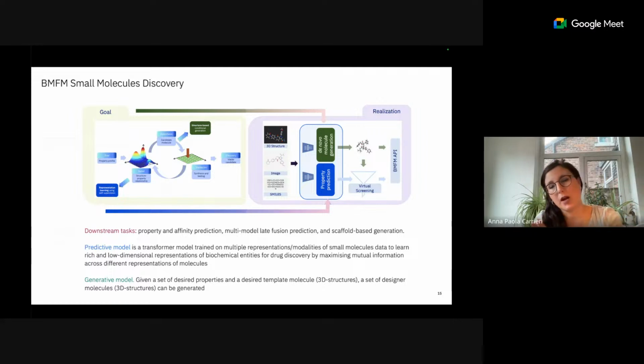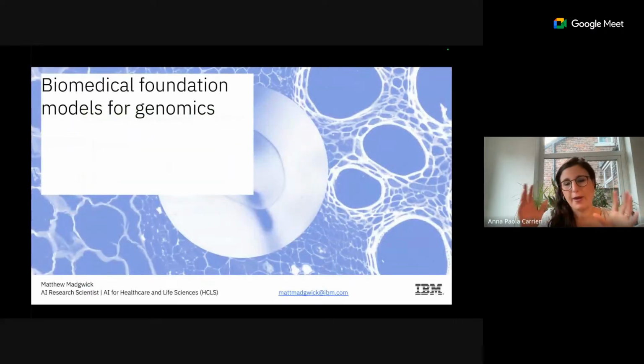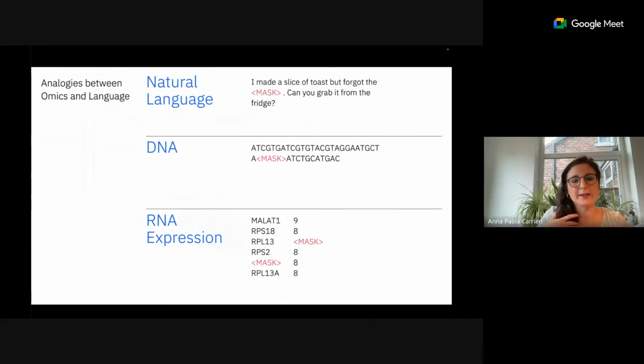But I don't want to diverge too much from the omics, or at least the genomics topic that we have, and I want to move on to the targets, so the biomedical foundation models for omics. So if we think about Gen AI model and natural language, we can think about a large language model in the context of omics, or a foundation model, as a complex neural network with an architecture called transformer.